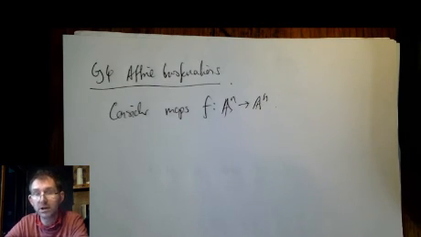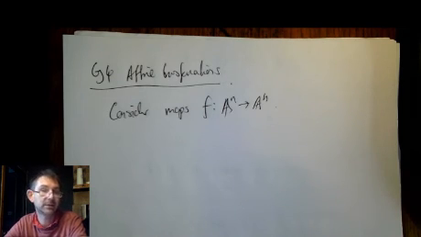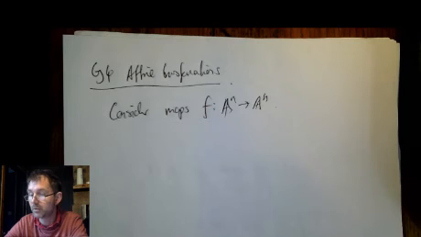But there are lots of continuous maps we could also consider that don't preserve the line structure within affine n space.